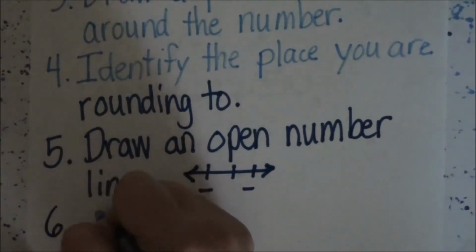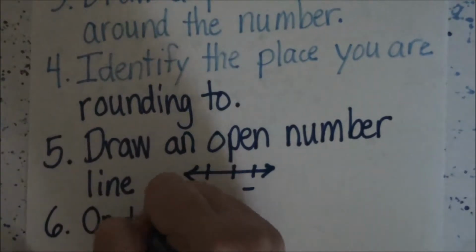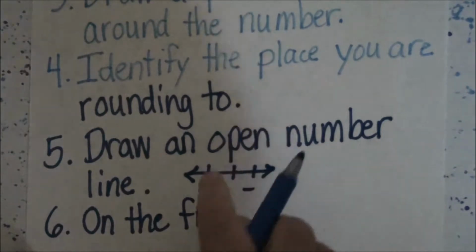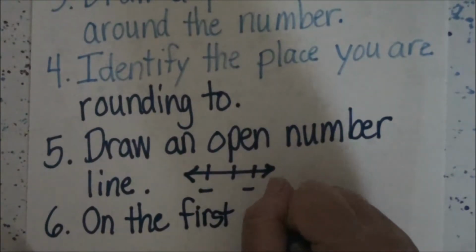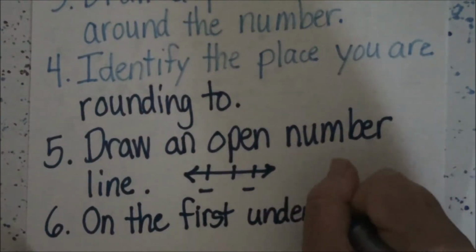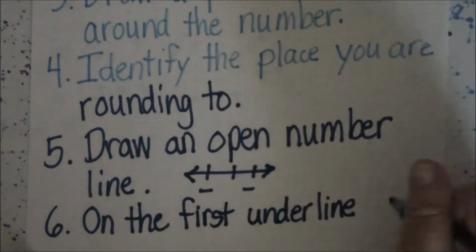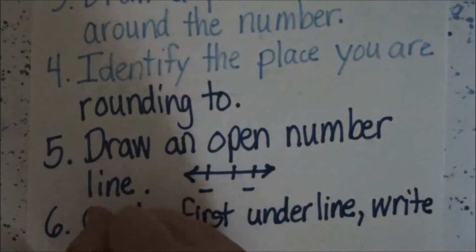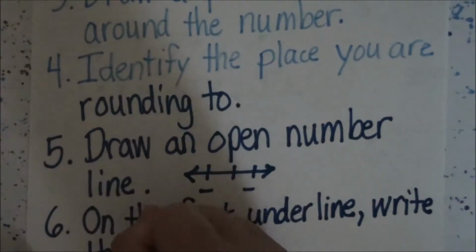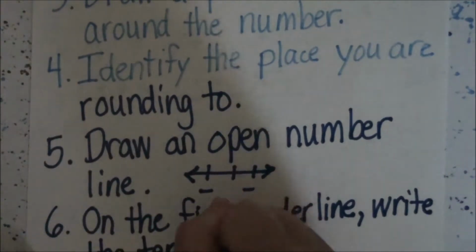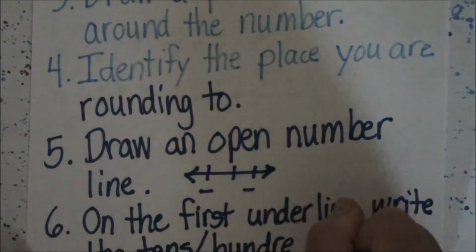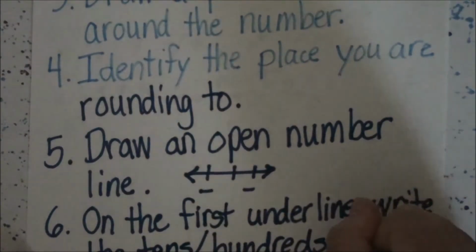Number 6. On the first underline, that's this one, write the tens or hundreds you are in.